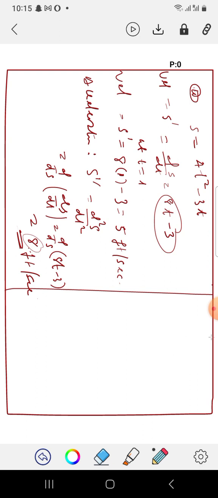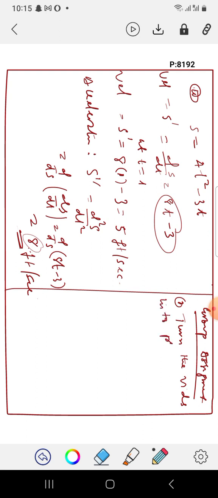Group assignments. I prefer the group assignments. Your group assignments is this. First, turn the videos into physical notes.